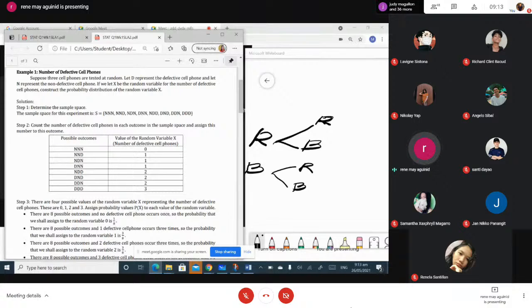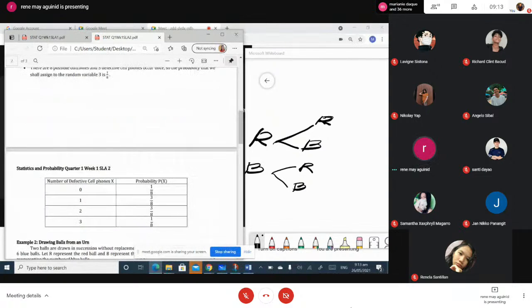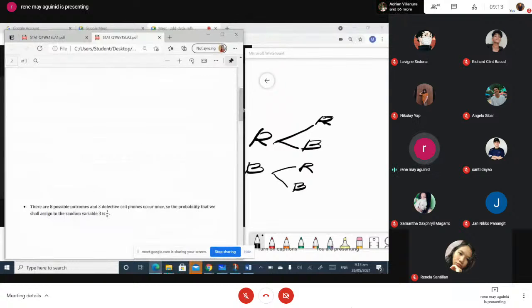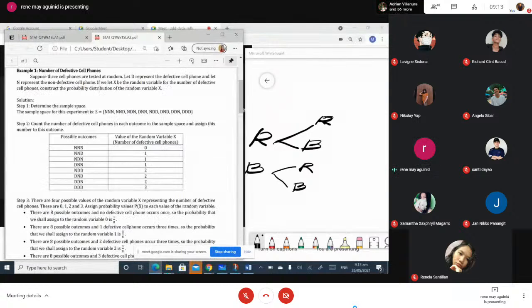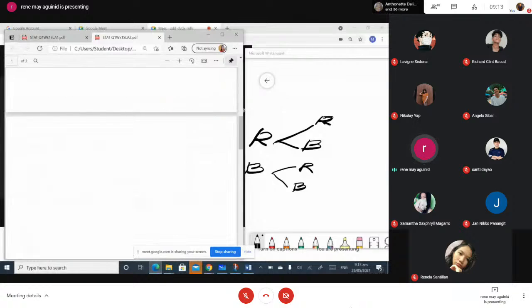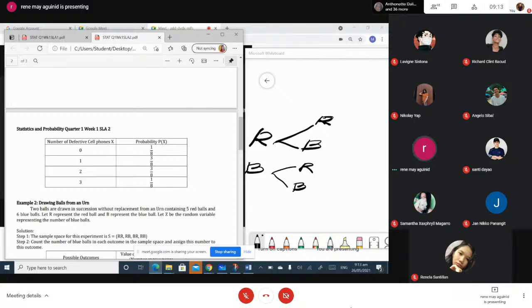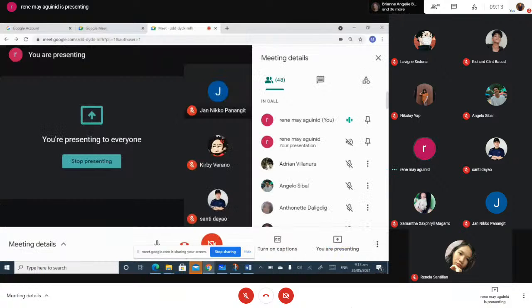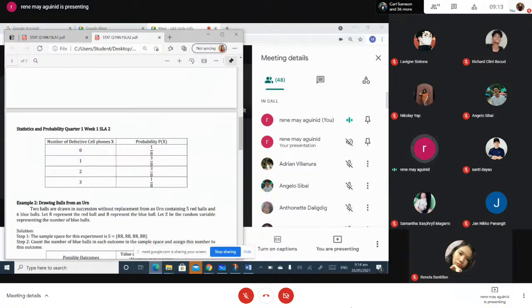Your x values can already be written at this part, and there is no repetition, since you only see the values 0, 1, 2, and 3. That is all that can be reflected in the table.